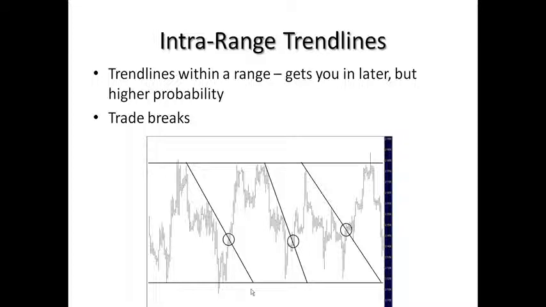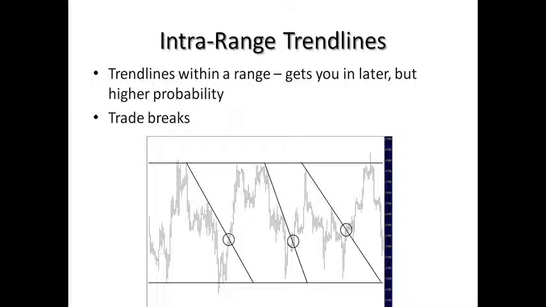However, what I'm looking to do here is get in on a break of an intra-range trend line. This is my trigger to get into a trade. Why do I use this trigger? Well, first of all, you've got this turn that occurs at the bottom support. Let's say you also have this hammer candle showing you that perhaps this turn is really taking place. Perhaps you also have price oscillator divergence telling you that this turn is taking place. Now, how do I get into the trade?